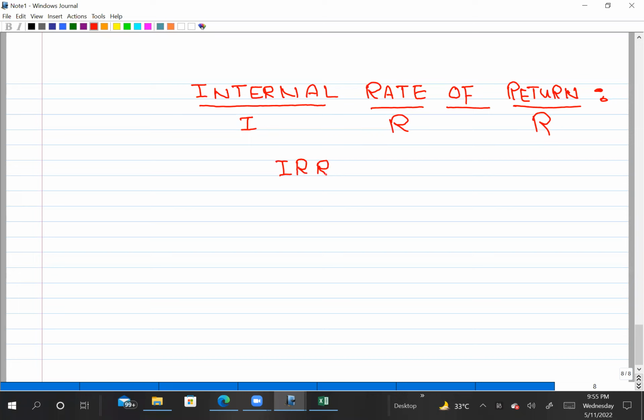Dear students, internal rate of return IRR is a rate at which NPV will be zero. The rate of return at which NPV will be zero is the internal rate of return.